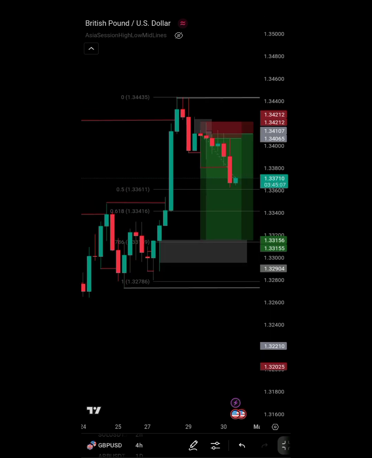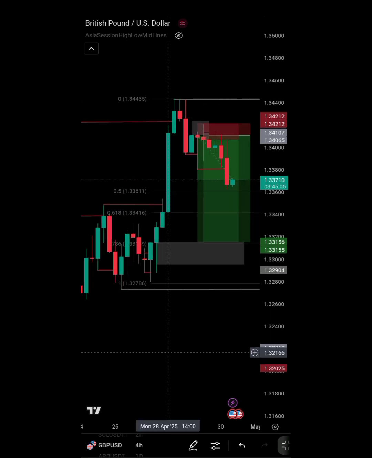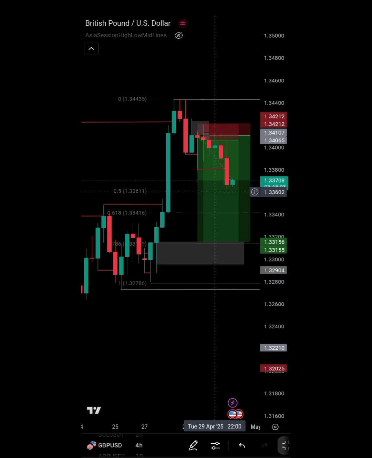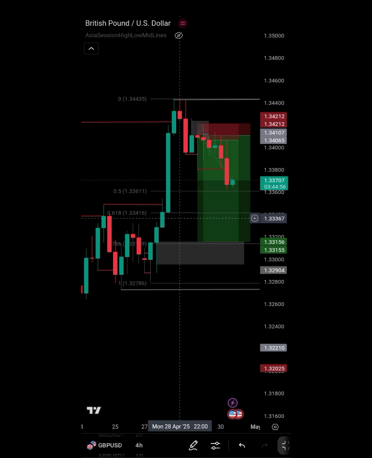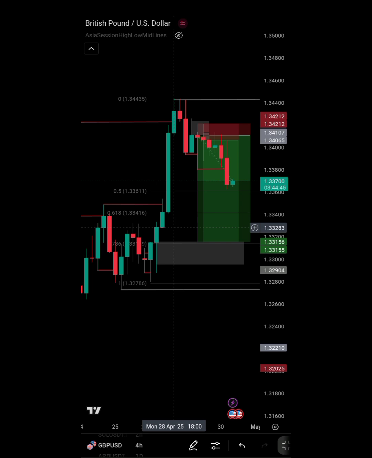Price is already on a discounted level. So I should be looking at a point of interest below the 50%, that's 61 or 75 or 78. That's ideally where I personally look for my point of interest.